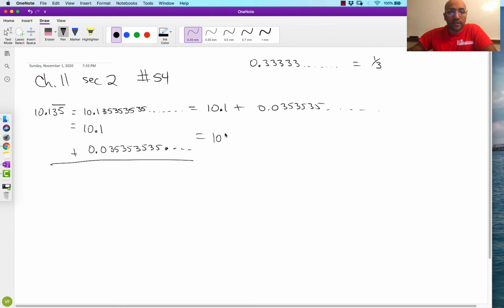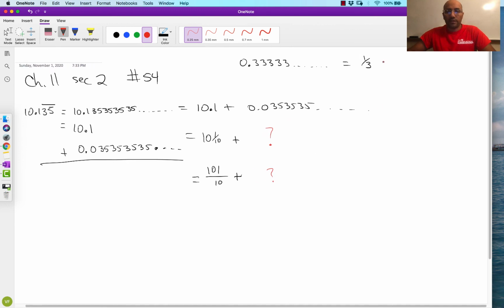As a mixed number, it's 10 and 1/10, which then becomes 101 divided by 10. So 101 divided by 10 is 10.1, plus, and then this is where we insert that fraction. We're going to look for some fraction that equals this decimal, and then we'll be able to add them together. Okay, so I'm going to go off to the side here and figure out what this is.